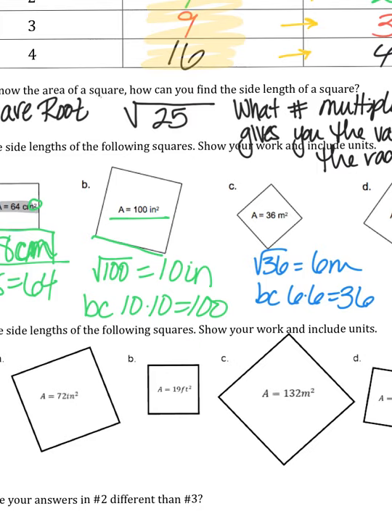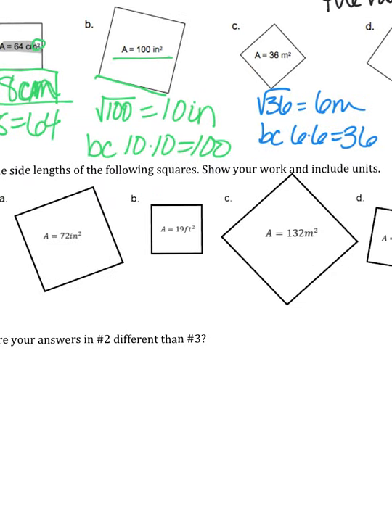So now let's look at the values in number 3. These look kind of similar, but I don't know what the square root of 72 is off the top of my head. I don't know any numbers that are going to allow me to find that without using a decimal. So I may have to use my calculator to do that.